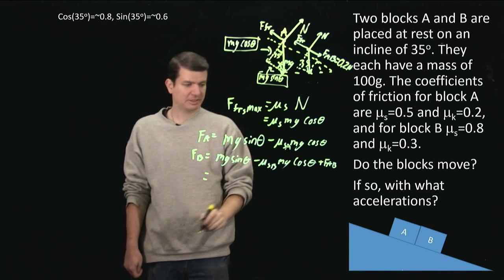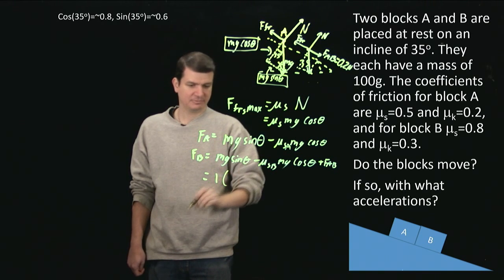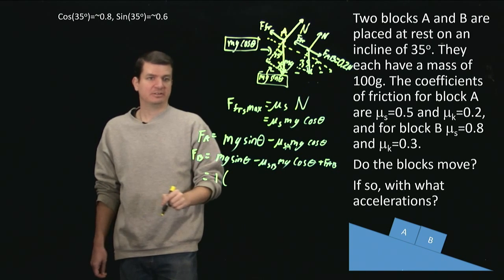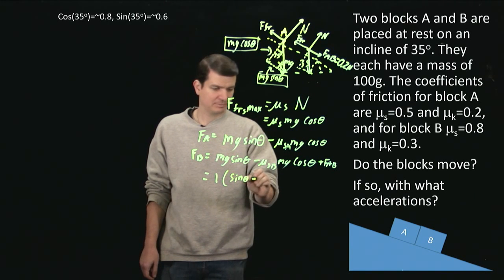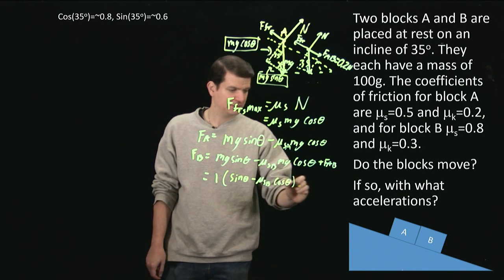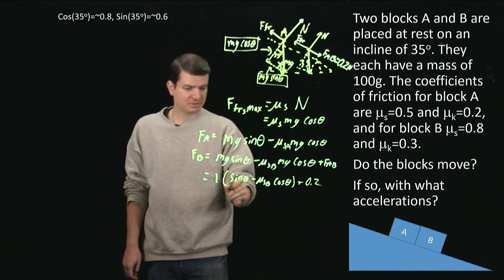Okay, so again, we can pull the mg's out. So there's a 1, because of the 1/10 of a kilo times the 10 for g, times the sine of theta minus mu s B cosine theta, and then plus this 0.2. So what's sine of theta?